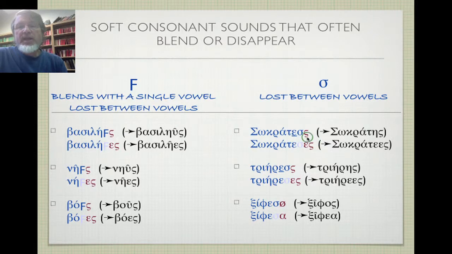That is, they knew they were supposed to add, if the base Socrates means Socrates, then to talk about him as the singular subject of a sentence means you add a sigma to it. But when you add a sigma, you don't say Socrates, Socrates. You don't hear two S's any more than we do in a word like actress. But what does happen is that the syllable gets held out a bit longer.